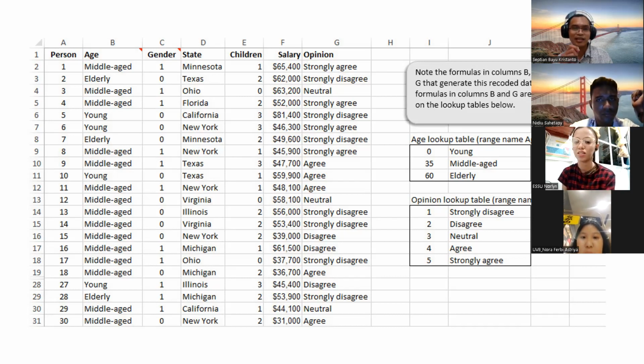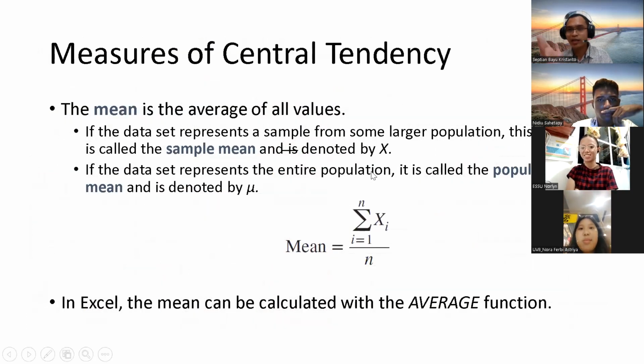Good. The salary contains more than a whole number, so we can classify it as continuous. But the children, yes, 1, 2, or 0, is categorized as discrete. Good answer, Norlin. Norla, you can also participate in this class.